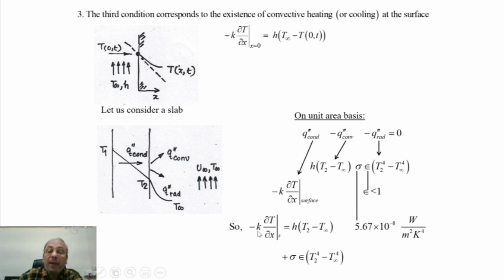So basically what is being conducted, minus K del T del X at the surface, equal to H (T2 minus T infinity), the convective heat removal rate, plus sigma into epsilon, emissivity, into Stefan Boltzmann constant into (T2 to the power 4 minus T infinity to the power 4).